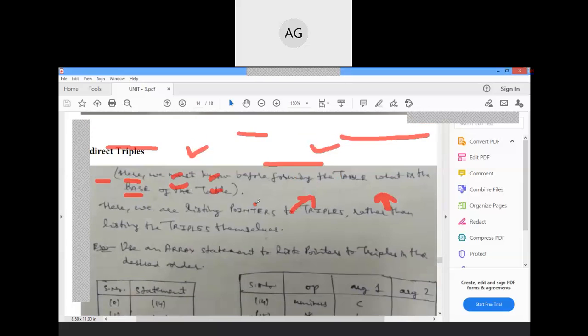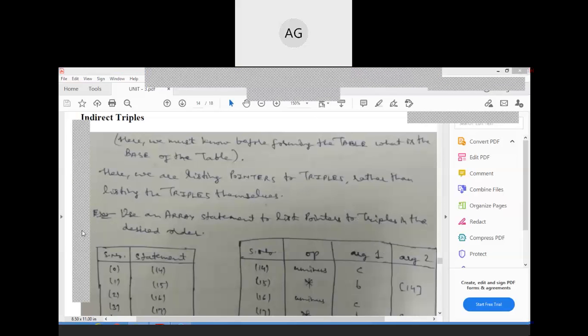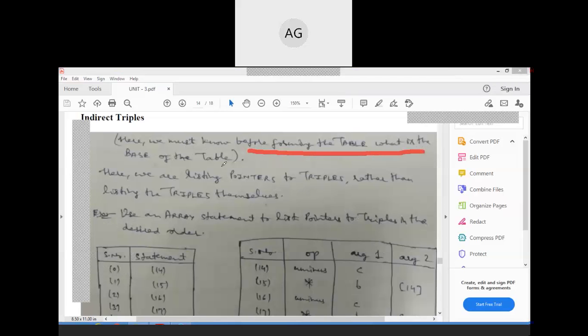Now the last type is indirect triples. This is the third way by which we are storing the three address code into memory. So in indirect triples, before forming the table we must know what the base of the table is.